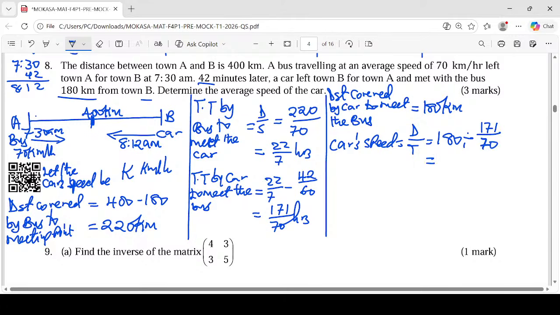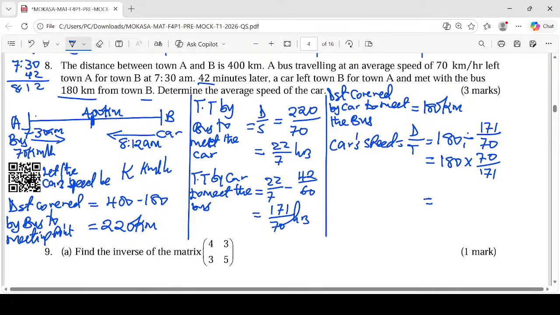So this will become 180 multiplied by 70 over 171, and when you multiply, you are going to get 73 whole number 13 over 19.